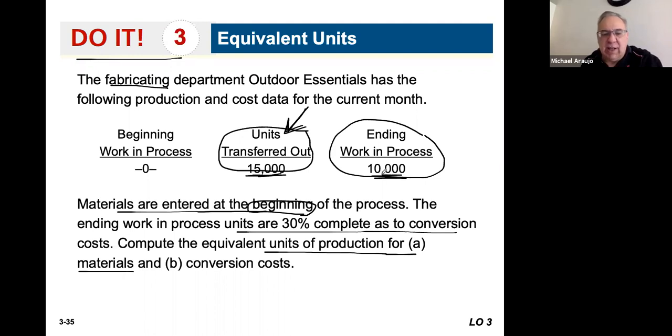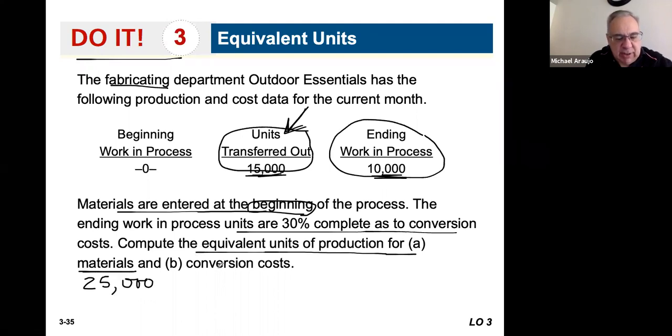So 15,000 plus 10,000 is a total of 25,000 equivalent units. So in terms of material units, everything is included. All 25,000 are equivalent units.